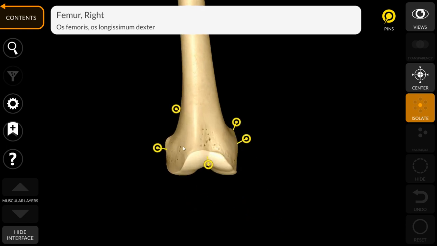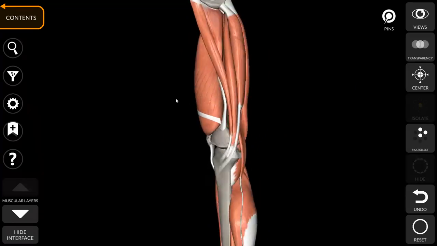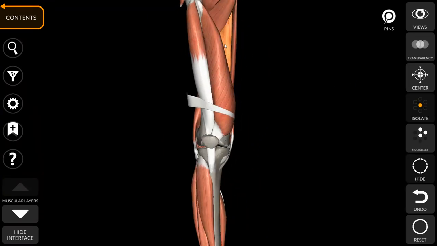This is the medial condyle and this is the lateral condyle. Above the medial condyle, this tubercle we call as a, yes, class, very good, adductor tubercle. Now you should remember that this adductor tubercle becomes the attachment site for this muscle.